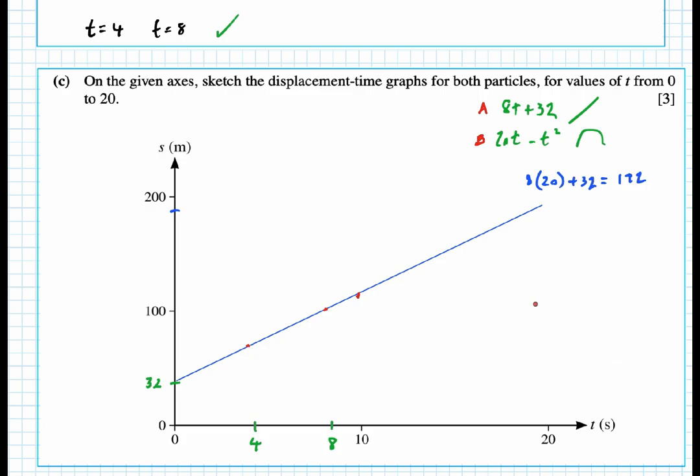The vertex is at 10, it goes to 20, so it's kind of going over a little bit there. My picture won't be brilliant, but it's just an approximate there. At least I know the details are correct. So have those details in there at 4, 8 seconds, have your y-intercept of 32, and it should look more or less like that. When you're drawing by hand, it's a lot easier.